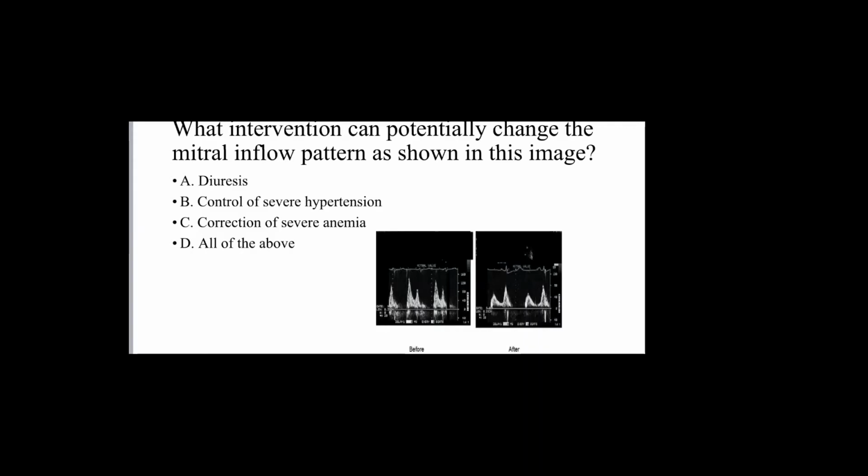Control of hypertension will improve diastolic function. Correction of anemia will improve diastolic function. So this restrictive pattern, which is shown before, improved in grade from grade 3 to grade 1, meaning there is some management employed. It can be any of these three.